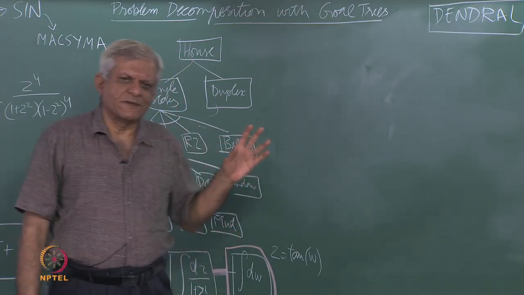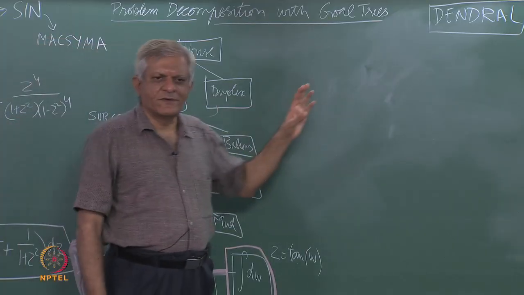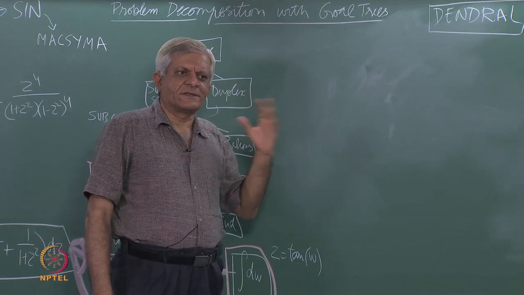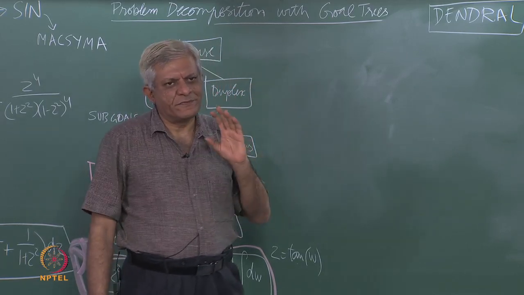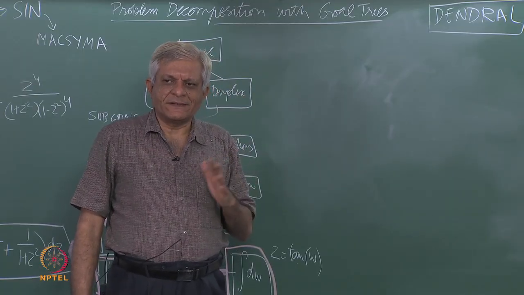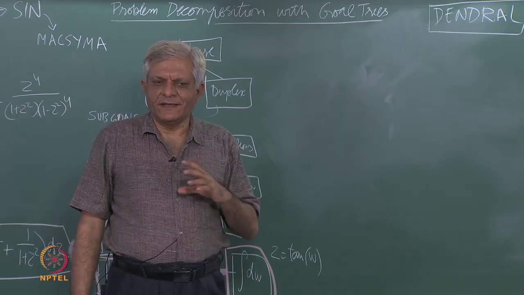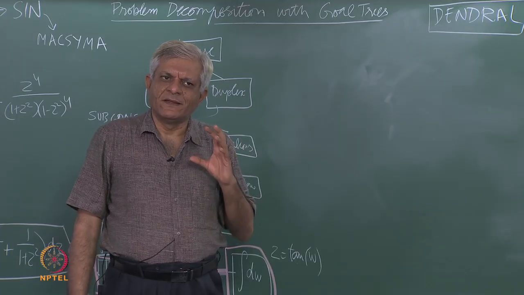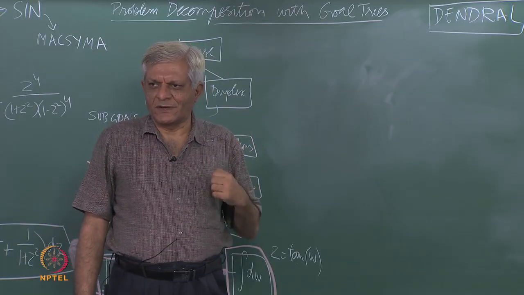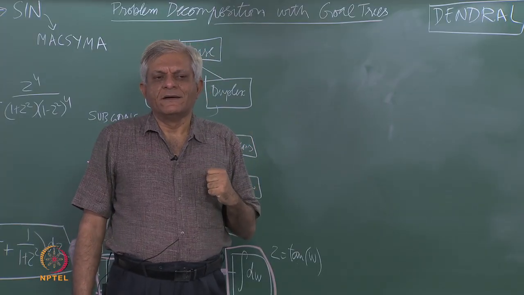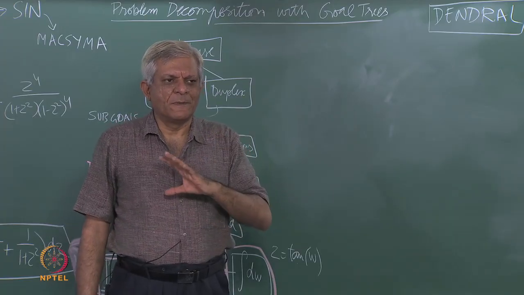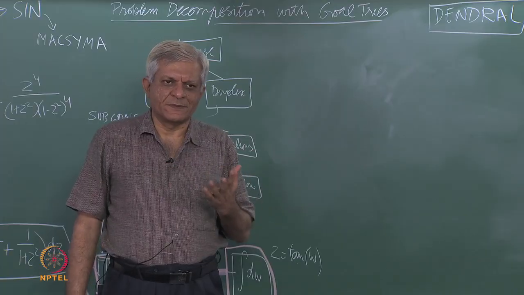And Dendrol was a program developed at Stanford in 1971 or something like that, a bit after SAINT. It was touted as the first expert system which was built, and the 70s and 80s were the era of expert systems, where people said that we will build expert systems, and by this they meant that they will elicit the knowledge of experts, put it into a program, and the program will then perform at the level of an expert.